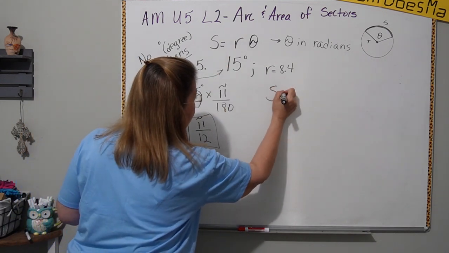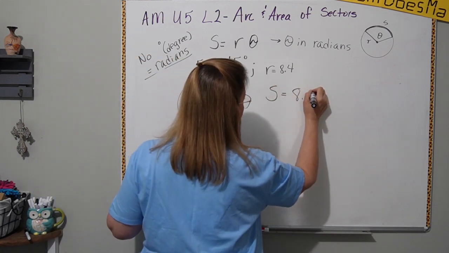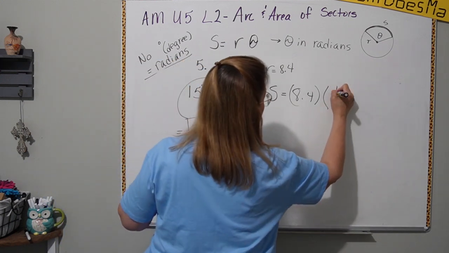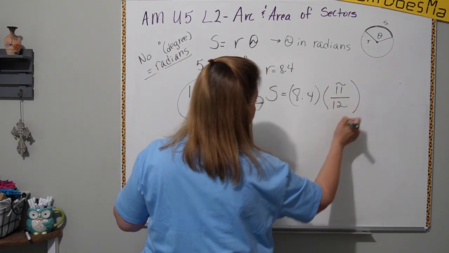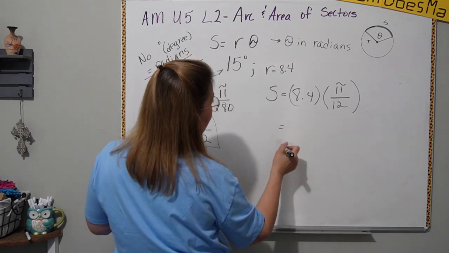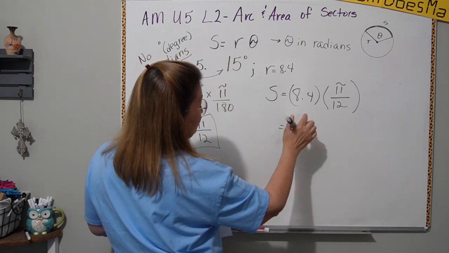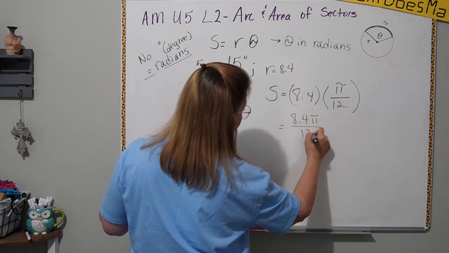Now I'm going to be able to use my formula. S is equal to the radius, which is 8.4, times this in radians, which is pi over 12. Okay, and just like with the other one, you can put this in your calculator to simplify. When you multiply, you're going to get 8.4 pi over 12.